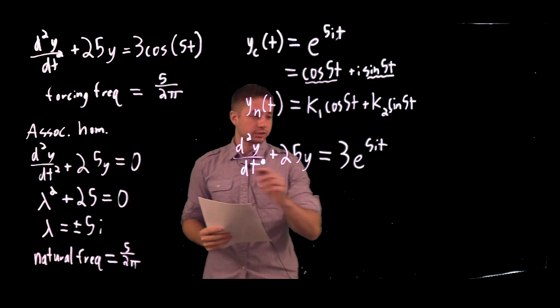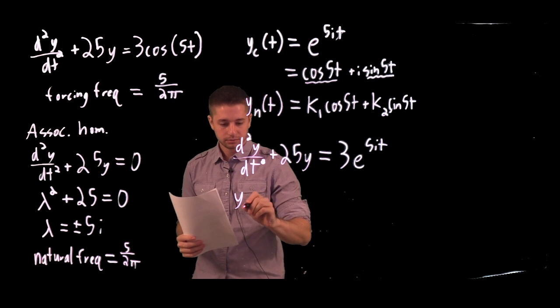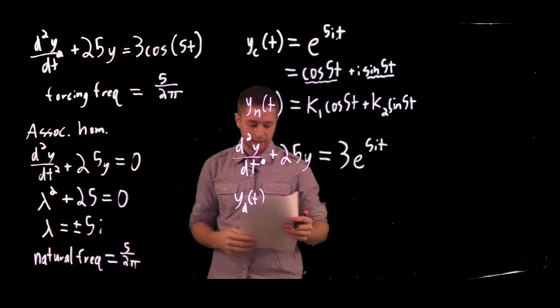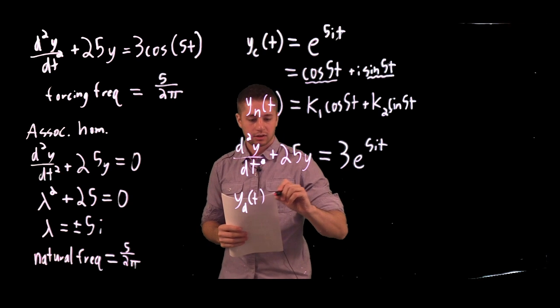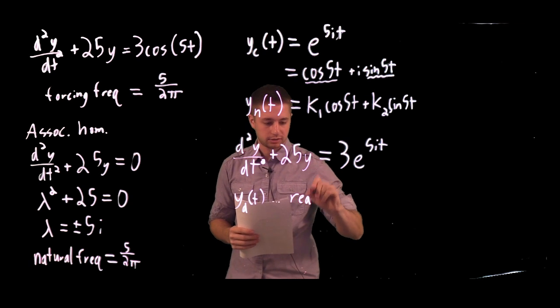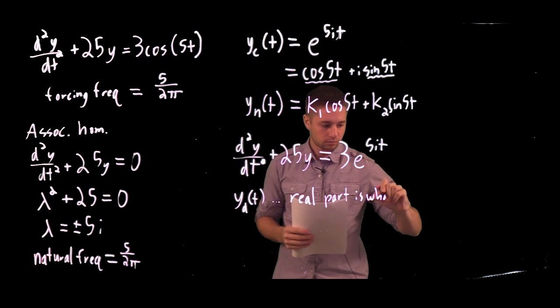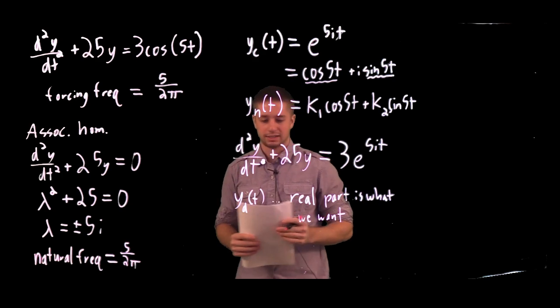We're going to look for solutions of this equation. And when we find such a solution, call it y tilde because c was already taken, we're going to take the real part of y tilde.